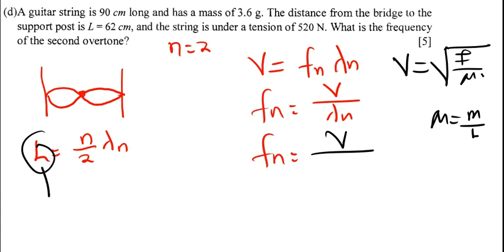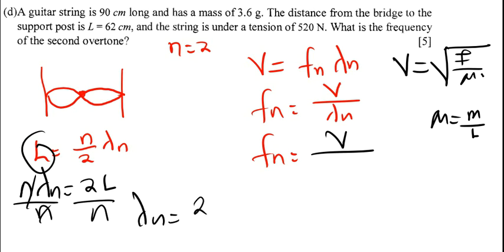So lambda n is equal to 2L divided by n. Let's divide both sides by n, and these will cancel. So we replace lambda with 2L over n.